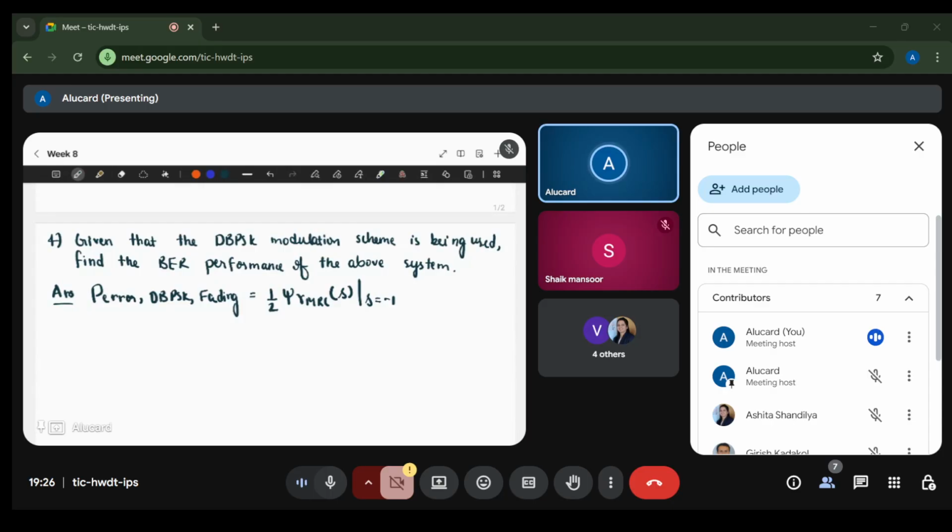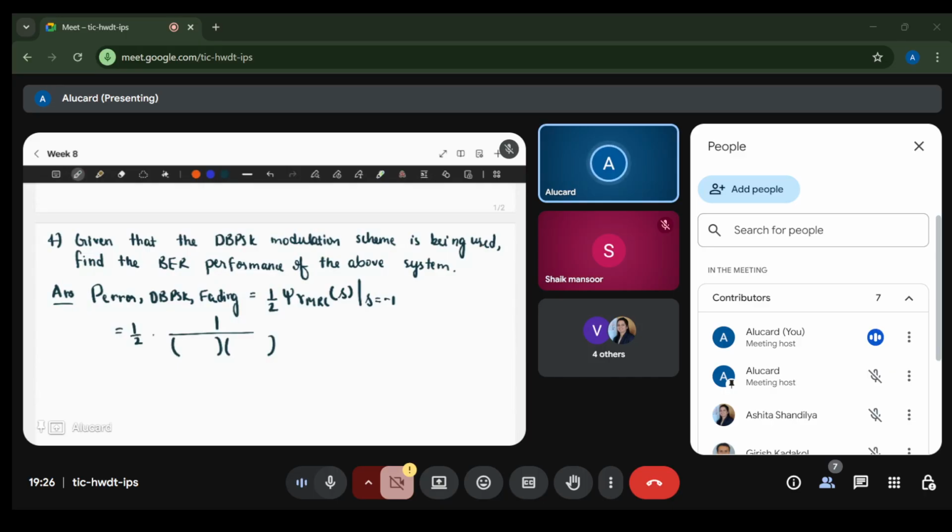And this will turn out to be, with s is -1, since there are two receivers, two terms. And the terms are of the form 1 minus s gamma, and gamma is the SNR. So s is equal to -1, so the terms will be simply 1 plus gamma.